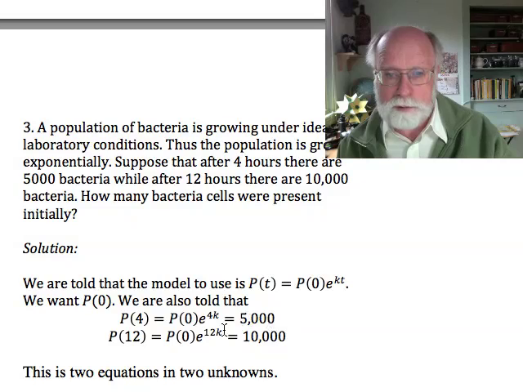That's given to us. And P of 12 is P0 e to the 12k, and that's 10,000. That's given to us. So now we have 2 equations in 2 unknowns. It's P0 that we want, and the other unknown is k. And because it's in the exponent, it generally will happen that we have to find that exponent first before we get to P0.